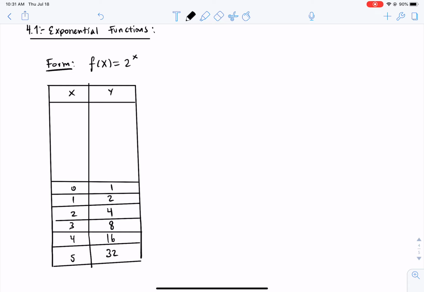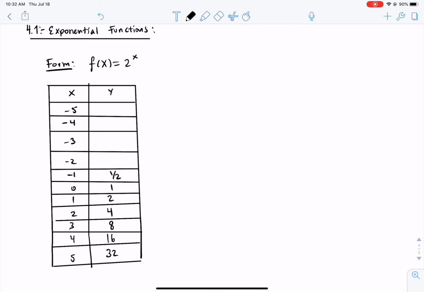And now let's go backwards here. Let's add these sections up here. And there you go. So what will it be if we plug in -1, -2, -3, -4, -5? Plug in -1: 1/2, which is 0.5.